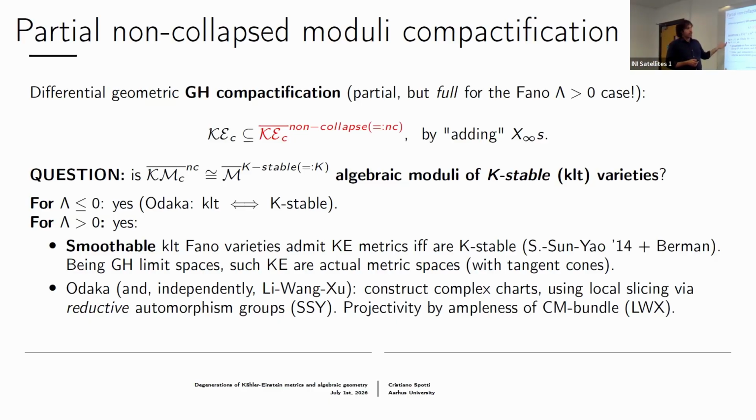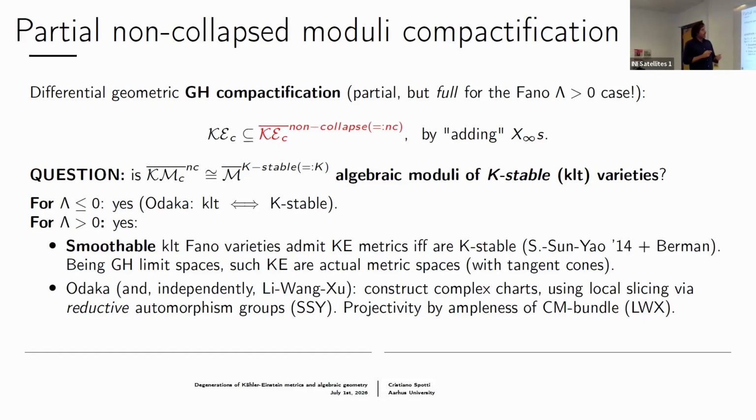I won't really dig too much in this situation when gamma is non-positive. When gamma is positive, we are in the scenario where K-stability becomes more important. As you know, in a certain sense, one already knows that the KLT singularity is K-stable. But still it doesn't say something about the degeneration. But at least pointwise, it's fine.